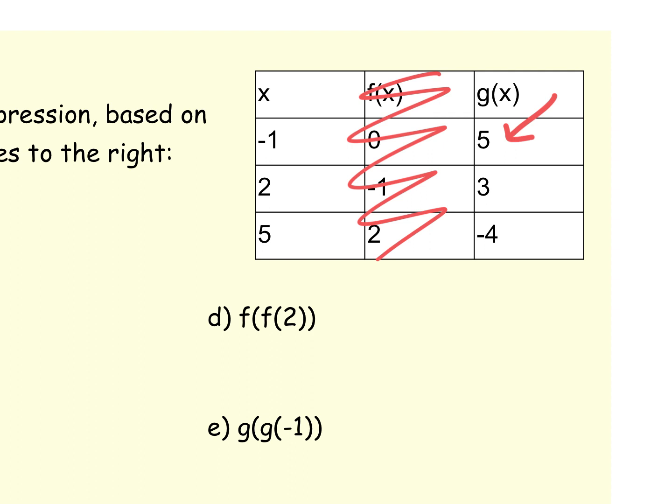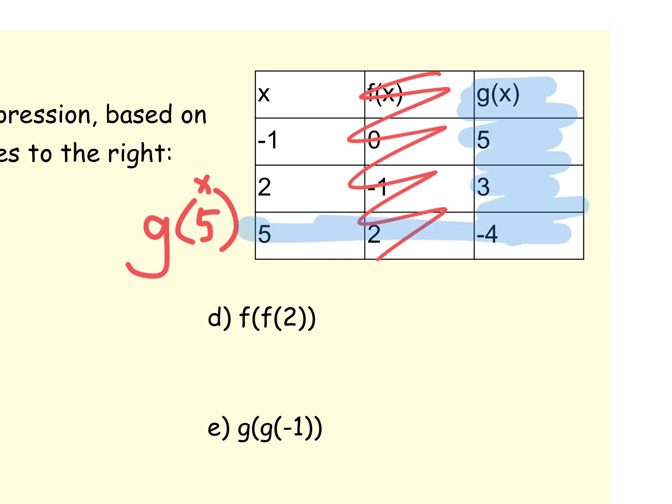Very tempting to grab that, but that's not right. G of 5 means that its x value was 5. So you use the g function, and I think highlighting it shows this pretty well. You use the g function, and you use the x is 5. Maybe I should use a different color. Here.